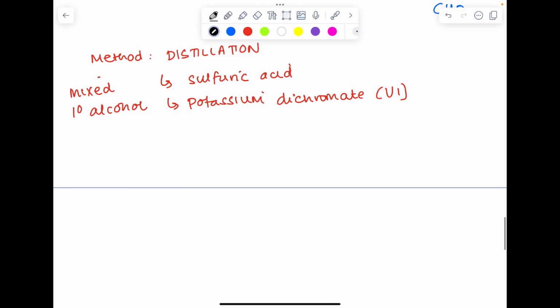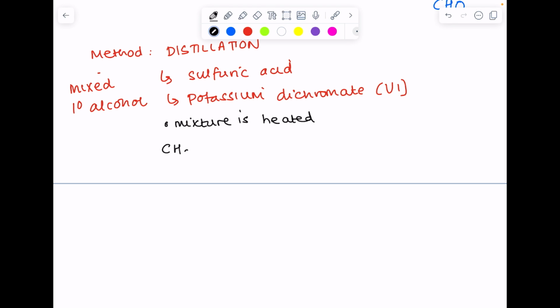So if we go over a simple method, our mixture is going to be heated. If we take our ethanol, this represents our oxidizing agent, which is potassium dichromate(VI), produces ethanal, our aldehyde. Notice the state symbols. I'll just label these quickly.